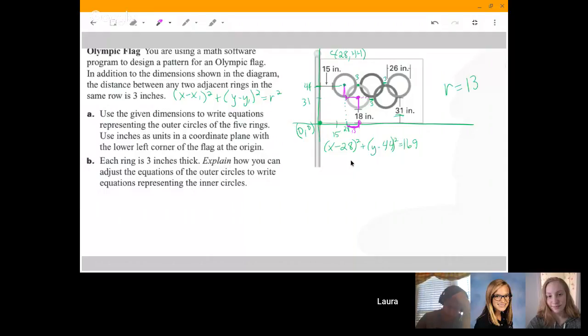So 28 plus 13 is 41. And then the value on the y is 31. So the center is 41, 31. And we know the radius is going to stay the same. So what would the equation for that circle be?